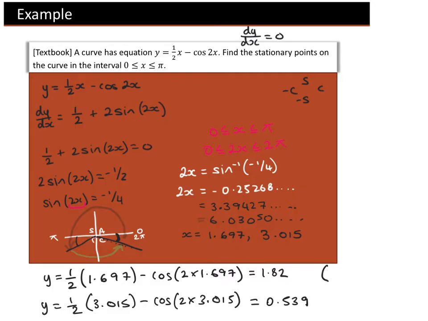So our first coordinate, to 3 significant figures, is 1.70 and 1.82, and our second coordinate is 3.02 and 0.539. So I've written my 2 coordinates.